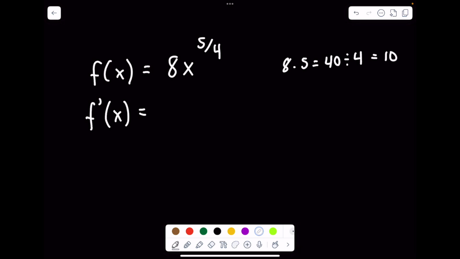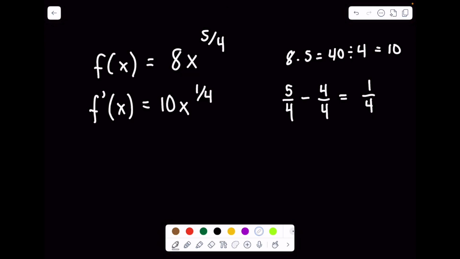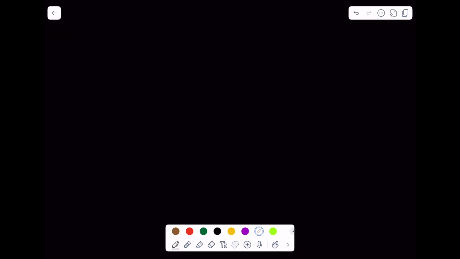So we'd get 10 as our new leading coefficient, 8 times 5/4, x, and then as far as the exponent, we would do 5/4 subtract 1, but another way to write 1 is 4/4, and then since we have the same denominator, we can just subtract the numerators. 5 minus 4 is 1, keep the same denominator, 1/4. So 10x to the power of 1/4 is the first derivative of this function.